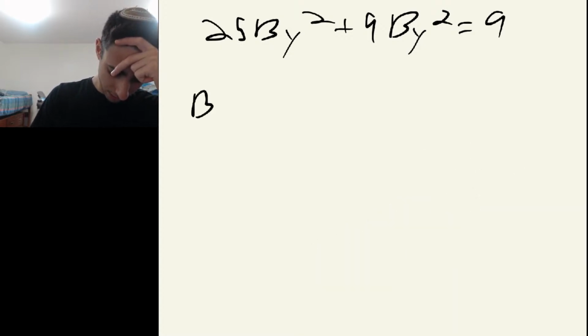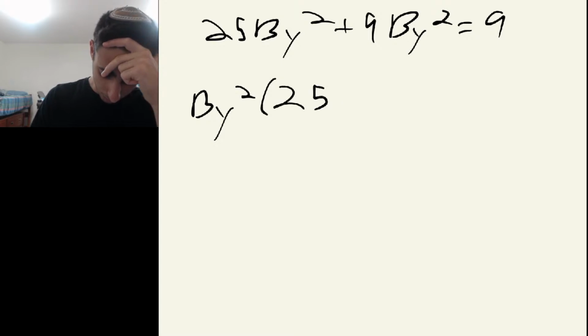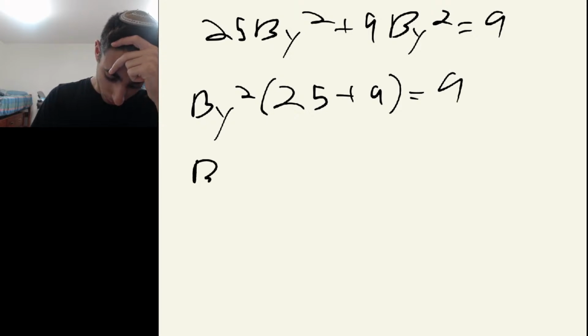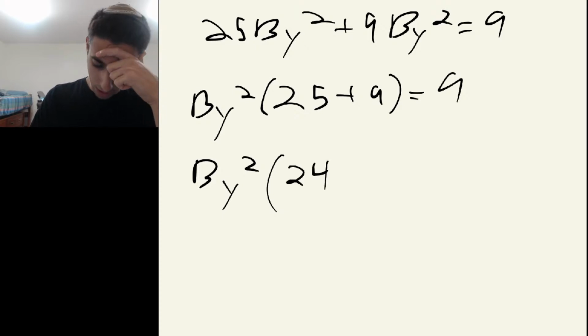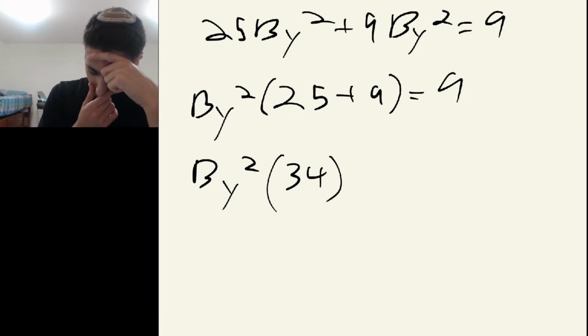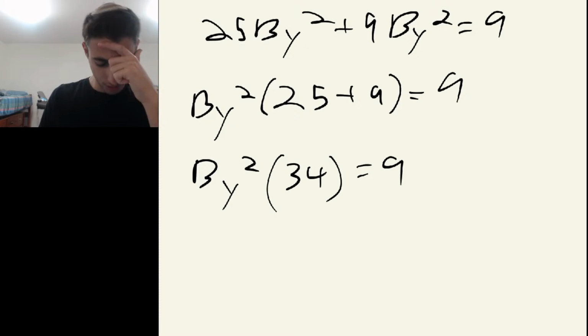So by squared times 25 plus 9 equals 9. Great. By squared times 25 plus 9 is 24. Sorry, no, that's not true. 25 plus 9 is 34. By squared times 34 equals 9. I believe that's true.